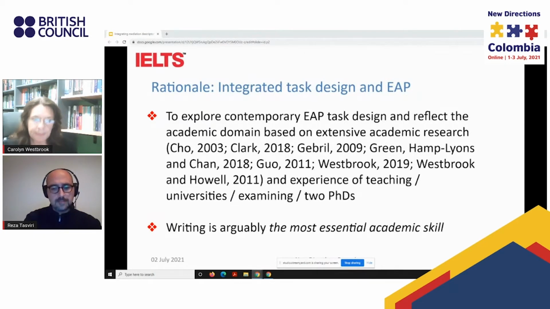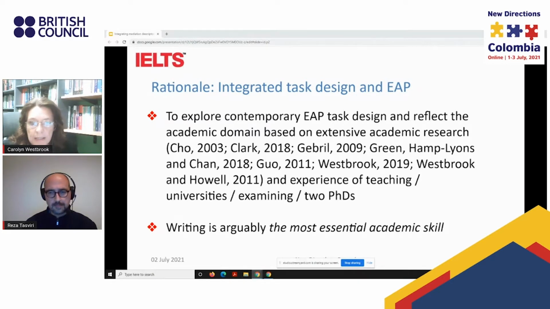So the rationale behind developing these prototype integrated tasks was the need to really explore what the contemporary EAP situation is. So what is a contemporary EAP task design, and how can we reflect the academic domain based on the research that we know is out there?